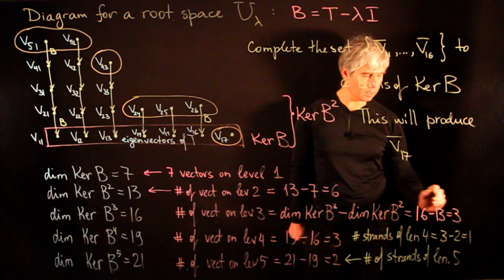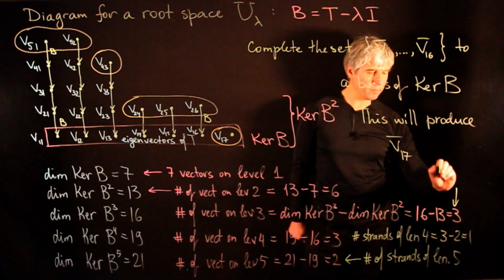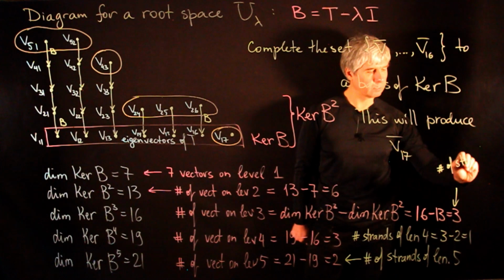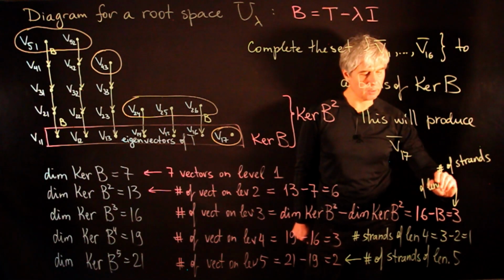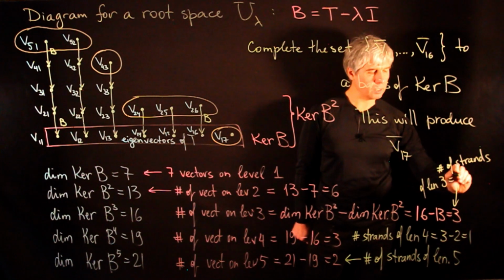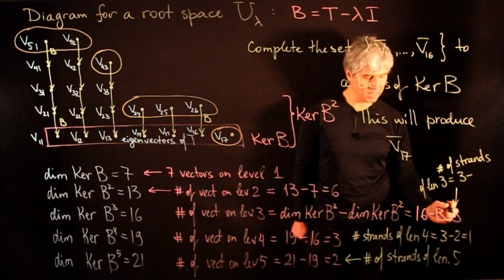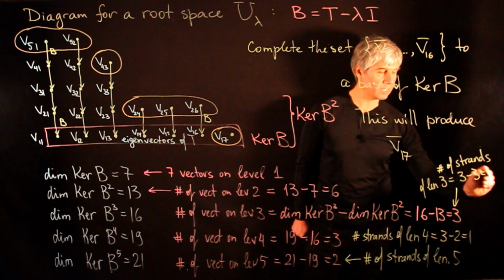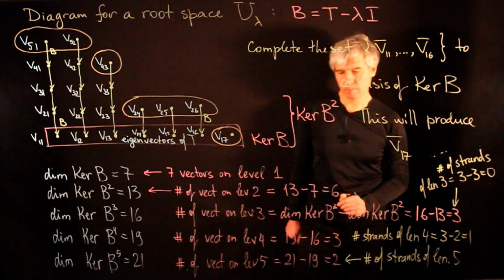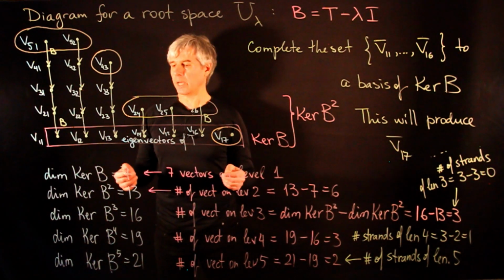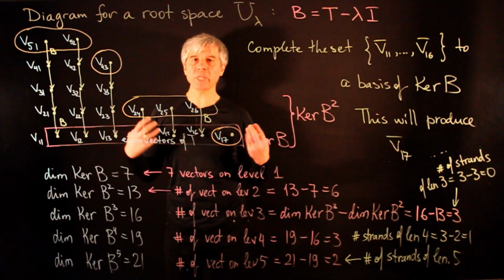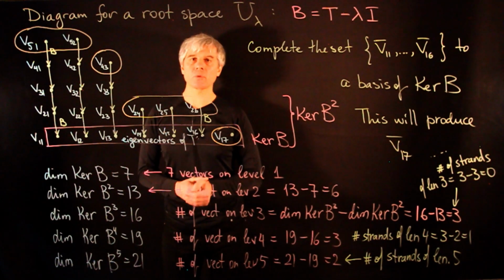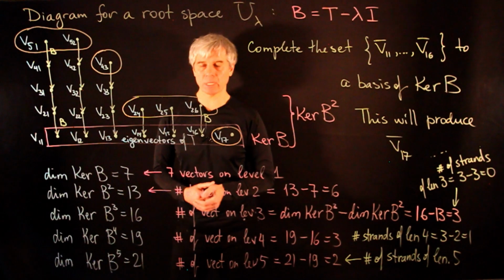Then from here we get that the number of strands of length 3 is equal to 3 minus the previous number, which is also 3. So we get 0, and so on. In this way, we are going to obtain this basis, and then we place all these basis vectors to form the change of basis matrix.